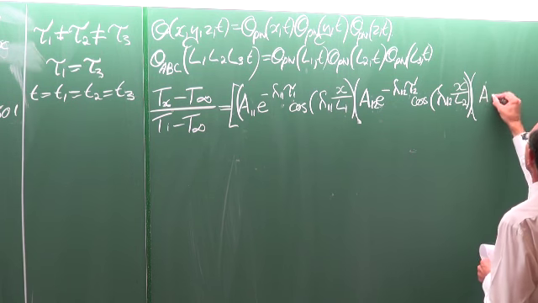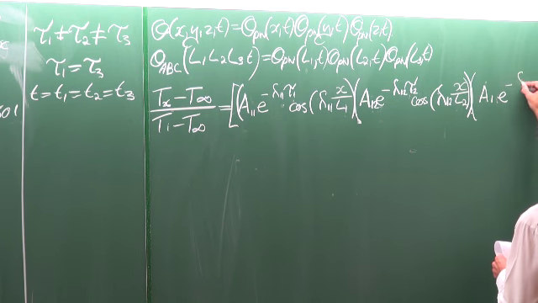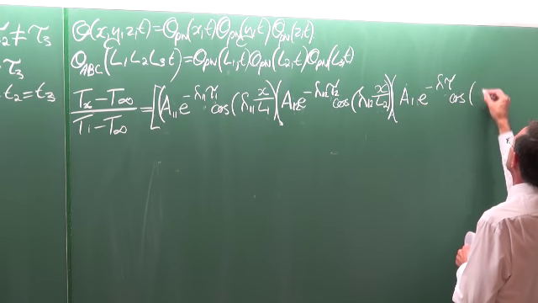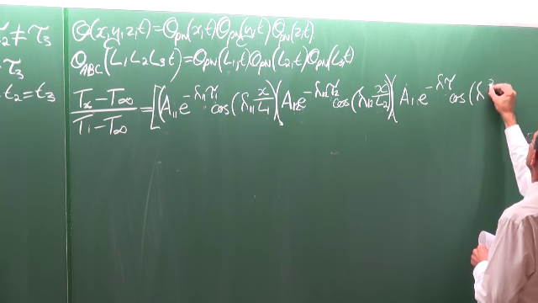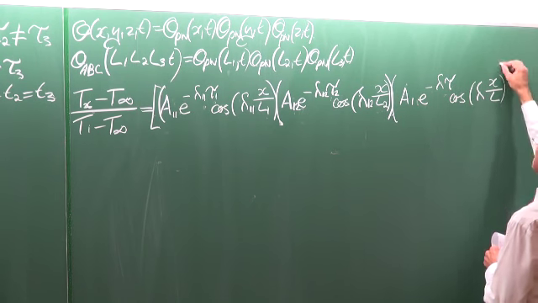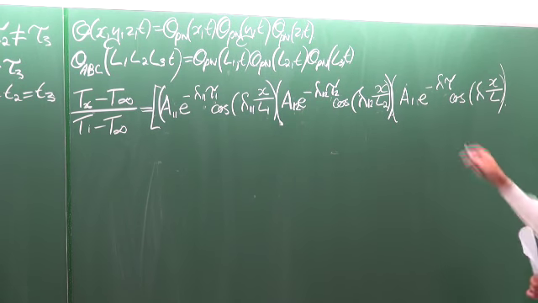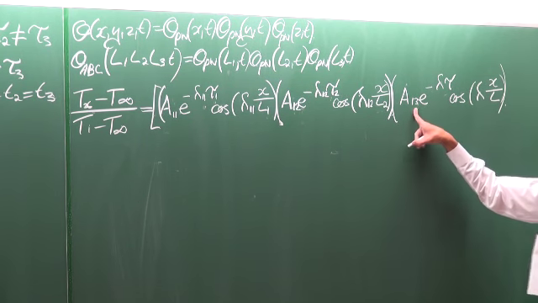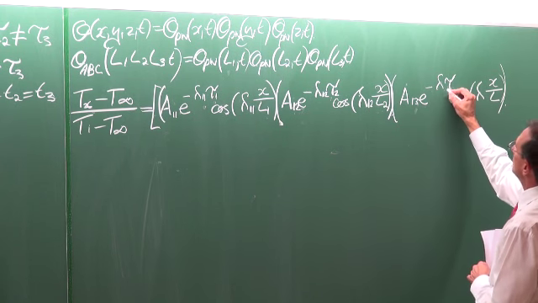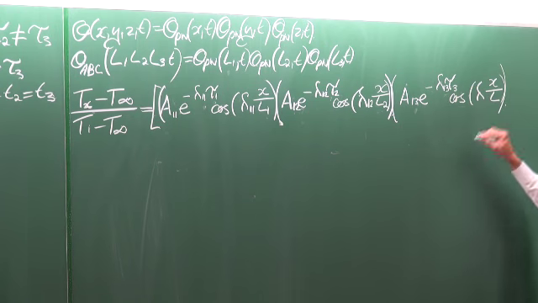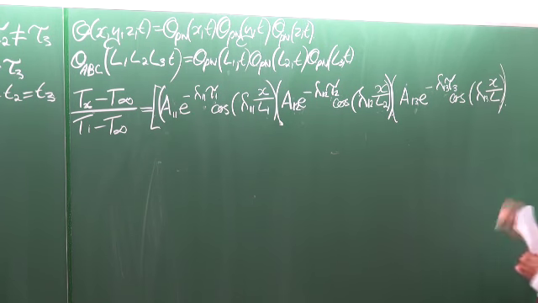The third one would be A1 e to the minus lambda tau multiplied by cos lambda x divided by L. But now it is the third value of the A. It would be the third lambda, the third tau, and again the third lambda. And that is our equation.